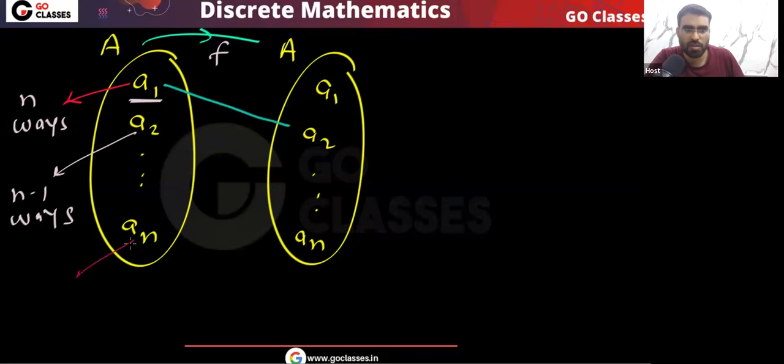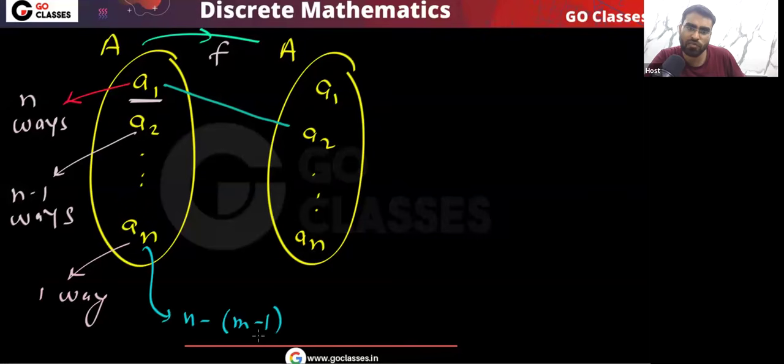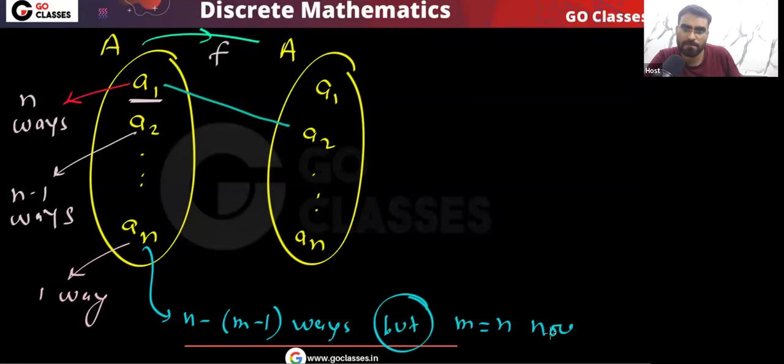And so on, this last one will have only one way. Actually, if you remember, you must have n minus m minus 1 ways, but m is equal to n now. Clear? So that is the reason for only one way.